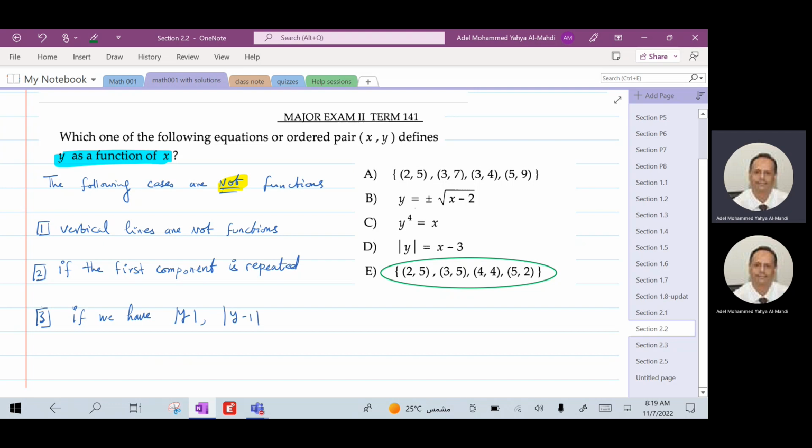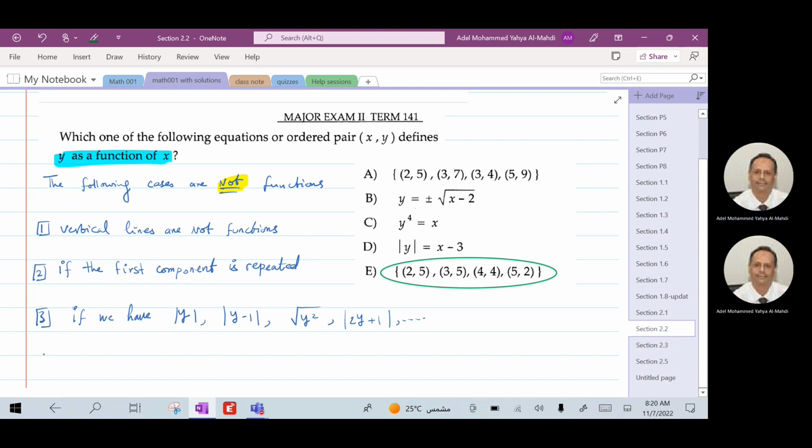Also, y squared inside the root is the absolute value of y. Or y plus 1, or 2y plus 1, all these. So if the y term is inside an absolute value.